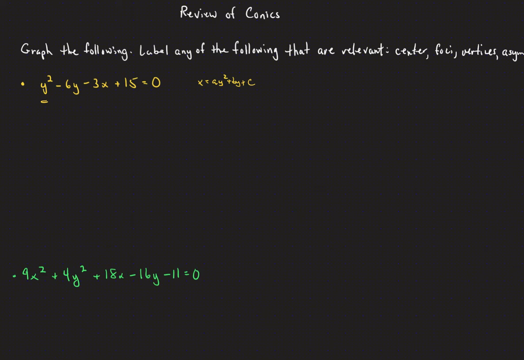So that is, we're going to get the x by itself. So I'm going to add the 3x to the other side, and I'll leave the y squared minus 6y plus 15 on this side. We can now do one of a couple things.